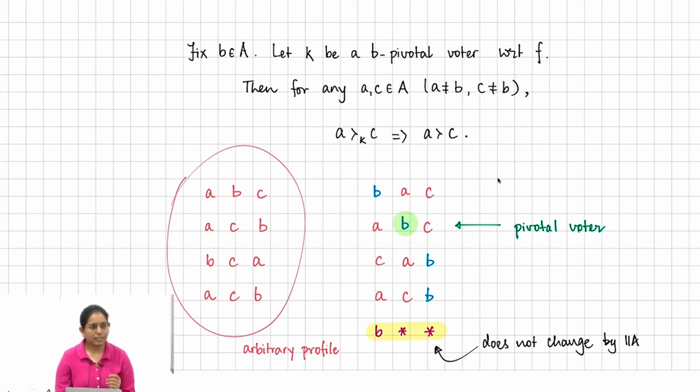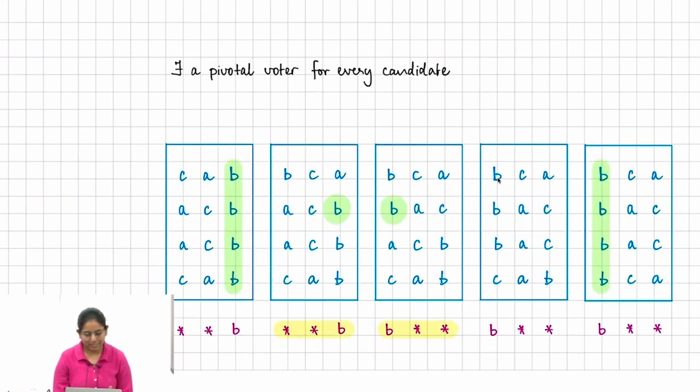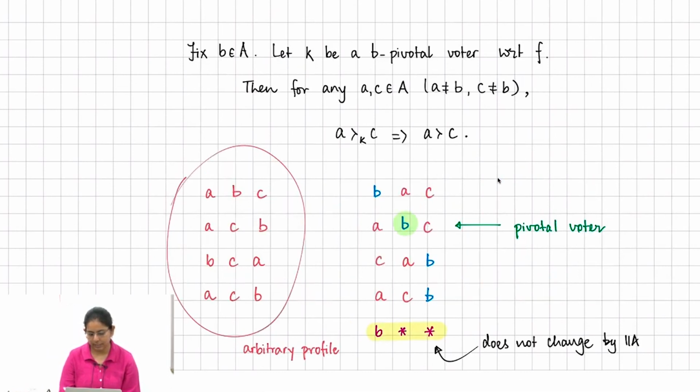Yeah? So is this profile one of these profiles? So notice that these two profiles are exactly the same for every other voter apart from the pivotal one.